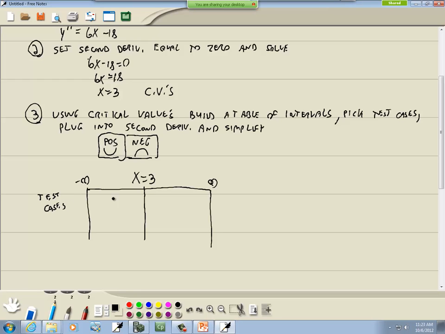So for our test cases, we want to pick an x value between negative infinity and 3, like 0. And we want to pick one between 3 and positive infinity, like maybe 4. We want to plug that into our second derivative, which was 6x minus 18.